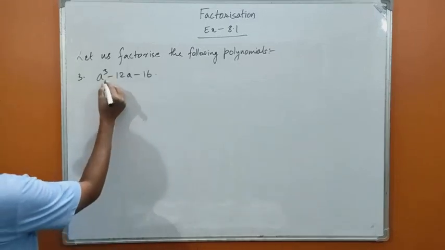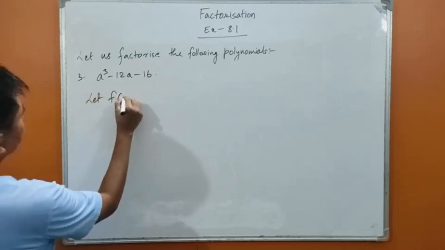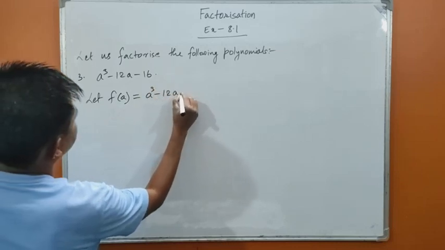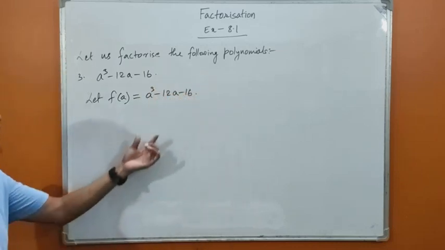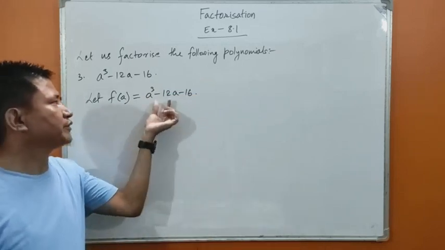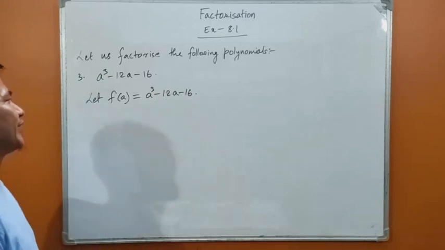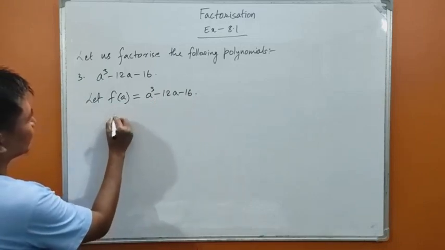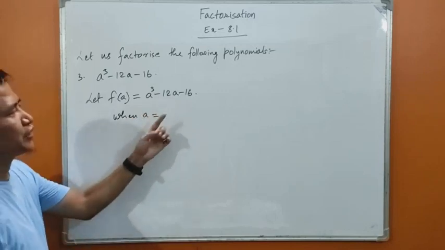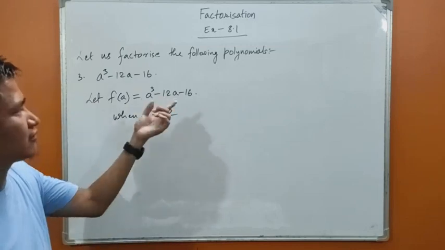We have a cube minus 12a minus 16. Let f(a) equal a cube minus 12a minus 16. Okay. Now let us suppose the value of a is such a number that when we put that value in this expression it becomes 0. So when a equals minus 2, you should be quick in calculation.